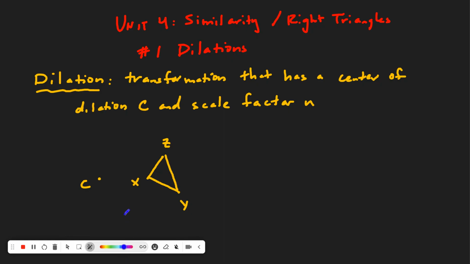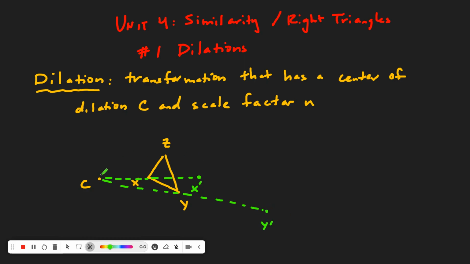So if I connect, and I'll use green, if I connect C to X, I'm going to double that distance and continue this segment. There's X prime. If I connect C to Y, I'm going to double that distance. There's Y prime.